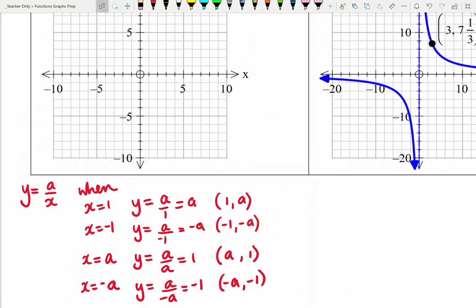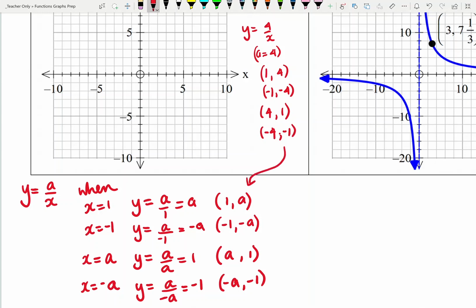So if we're dealing with y equals 4 on x, so a equals 4 in this case, our critical points are going to be (1, 4), (negative 1, negative 4), (4, 1), and (negative 4, negative 1), just using these 4 standard points.